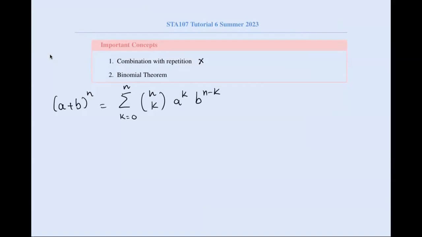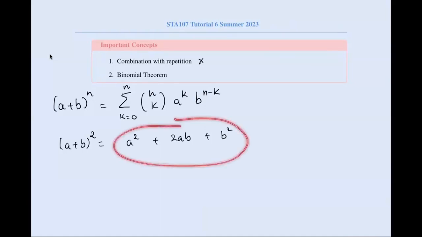Or another way you can do is you can start with the familiar exponent that you know, for example, a plus b to the power of 2. Then we know this is a squared plus 2ab plus b squared, and you try to bring this one into the form that you are having here.